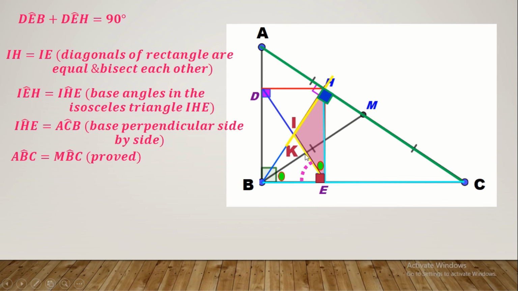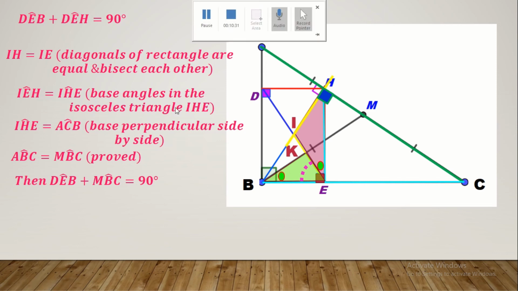Therefore, the angle KBE plus the angle KEB is equal to 90 degrees. Or instead of KBE, we can say MBC, it's the same angle, plus this angle which is here, IEH.